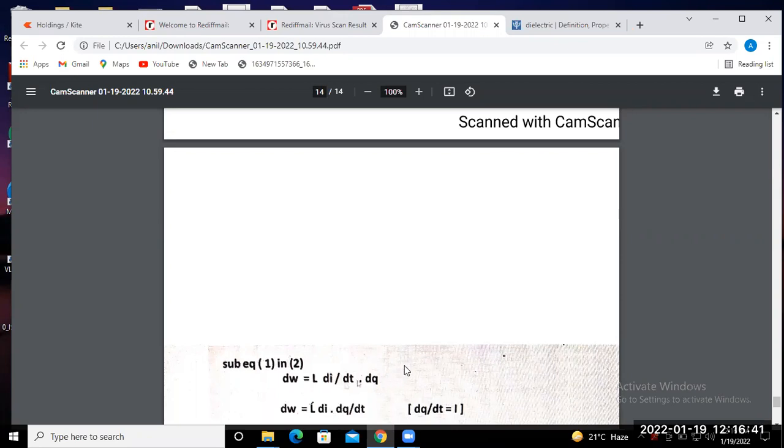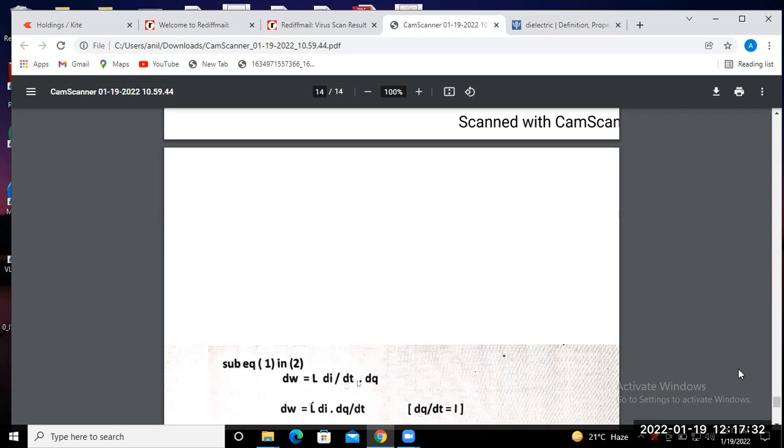Integrate this one. Here dq by dt is equal to I, and we integrate both sides of this equation with limits from 0 to I. I into di gives I square by 2.